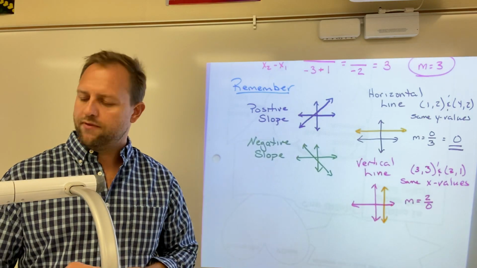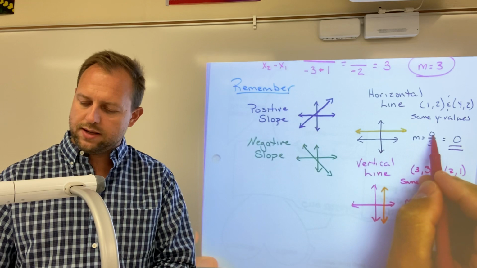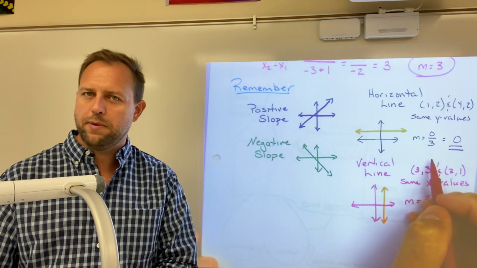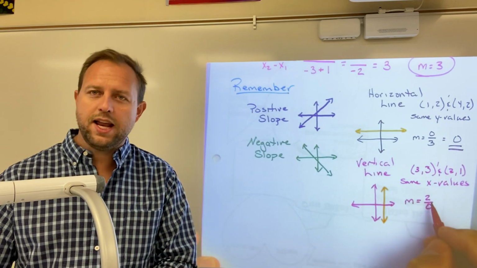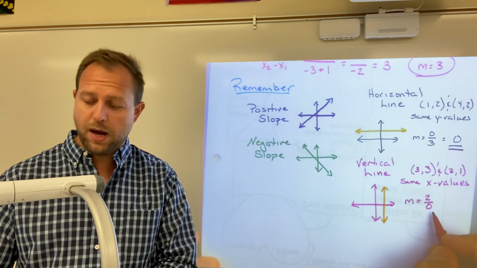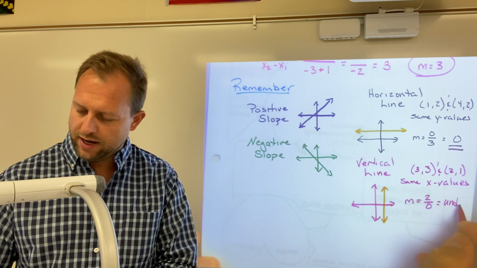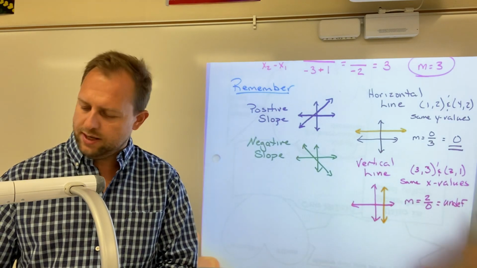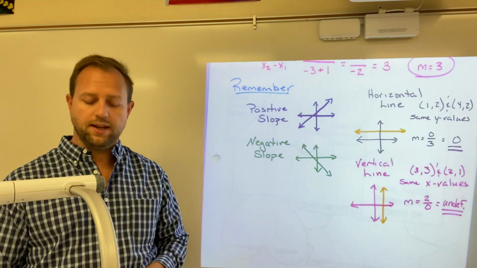Remember, you cannot divide by 0. You can have, in our horizontal case, 0 pieces of a 3-piece pie gives us nothing, but you cannot have 2 pieces of no pie. That's not possible. So that is referred to as undefined. UNDEF is acceptable abbreviation for undefined.